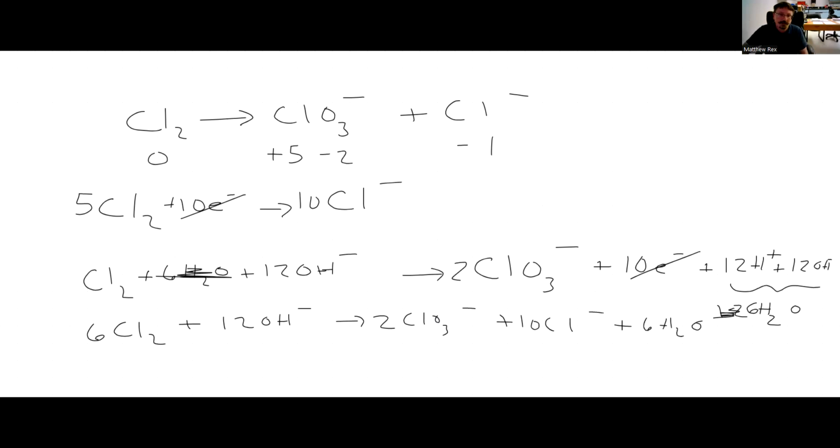You'll notice everything here is divisible by 2, so I can simplify this and have a 3 and a 6 and a 1 and a 5 and a 3. And then if we're looking for the numbers in front of the Cl2 and the OH minus, it's going to be 3 and 6.